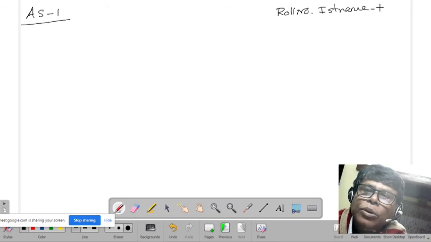Then write down 3, that means you are third semester students, and then write down assignment 1.